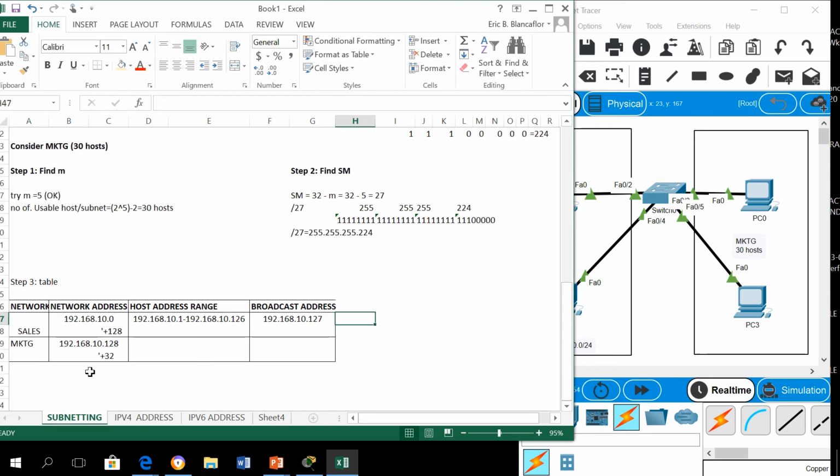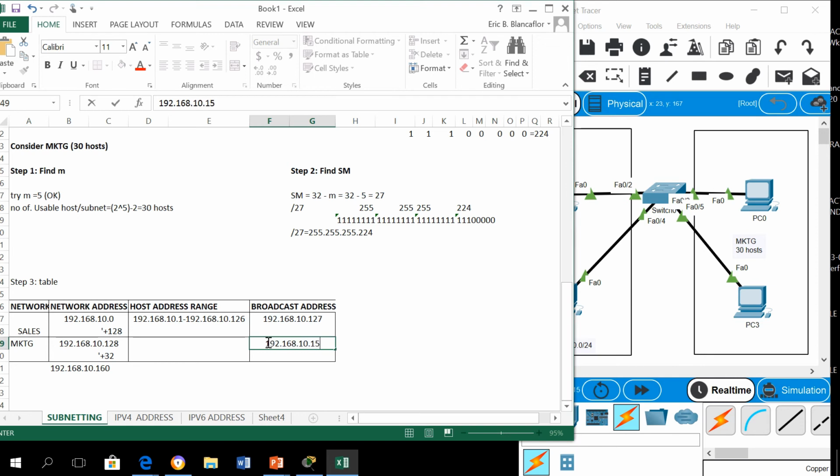So it means that the next network is 192.168.10.160. If the next network is 160, the number before that is the broadcast. And what is the number before 160? 159.